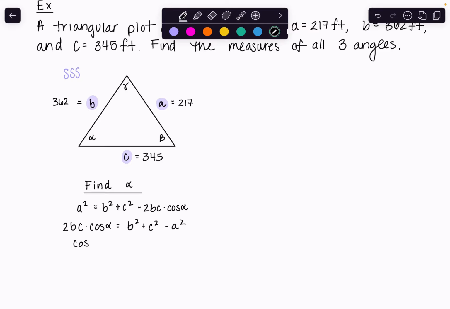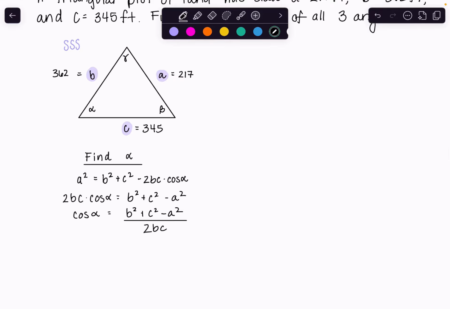And then dividing through by 2bc, cosine of alpha is all of this stuff over here divided by 2bc. Then we go ahead and we're going to take cosine inverse of this expression on the right.